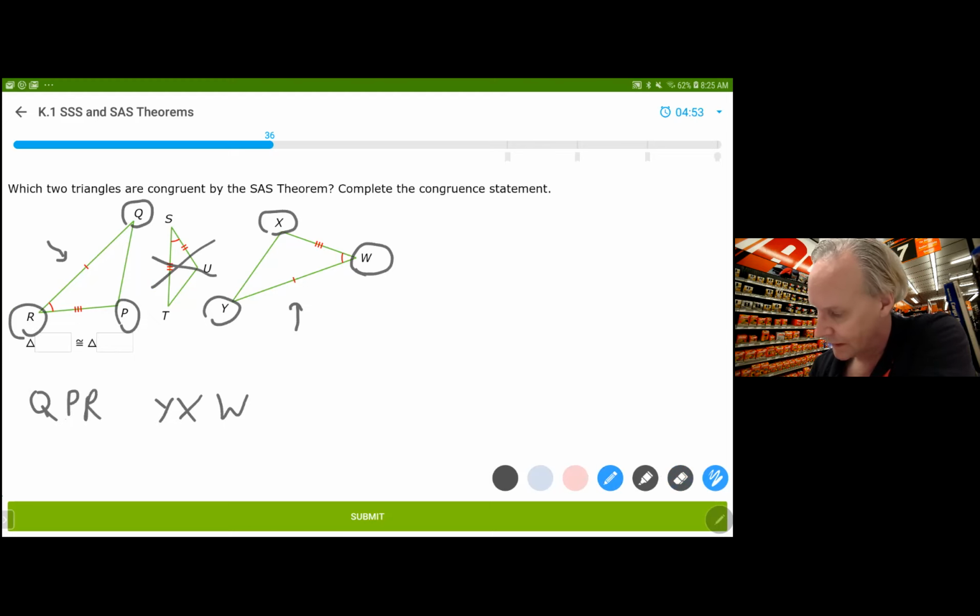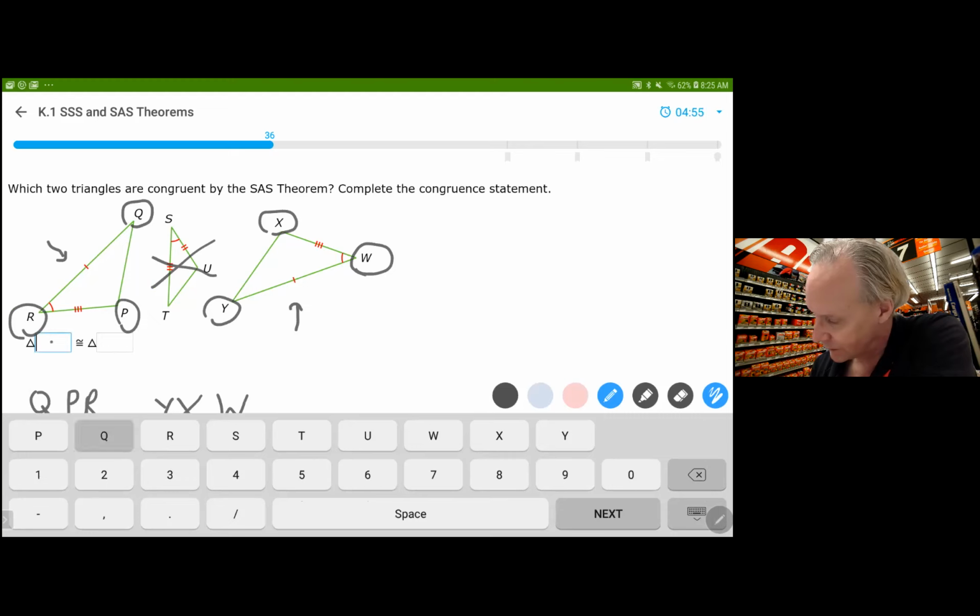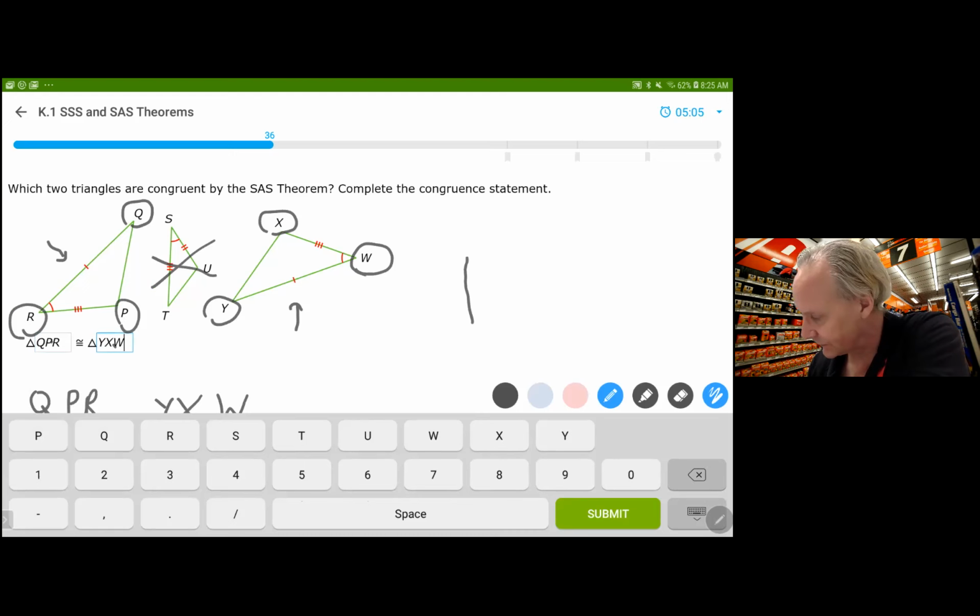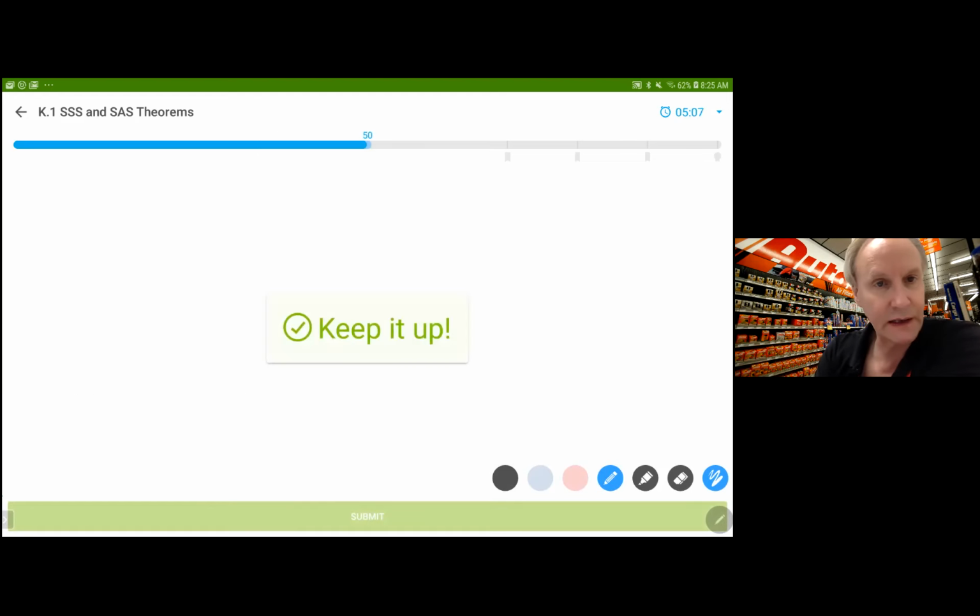Sorry about that. QPR goes with YXW, it looks like. That's correct. I can't see it, but there it is. I'm going to have to write it up a little higher so I can see it better.